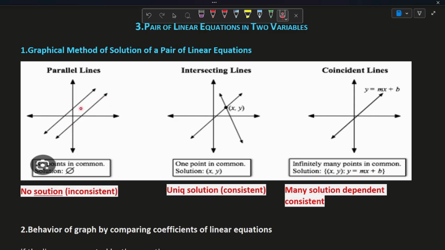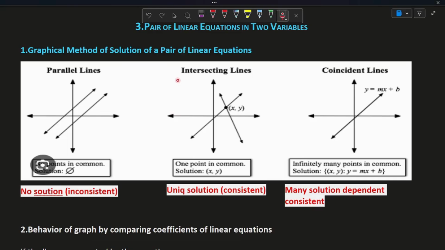These two lines are parallel to each other. They don't cut each other anywhere, so there is no solution. So this pair of linear equations is inconsistent according to the graphical representation.